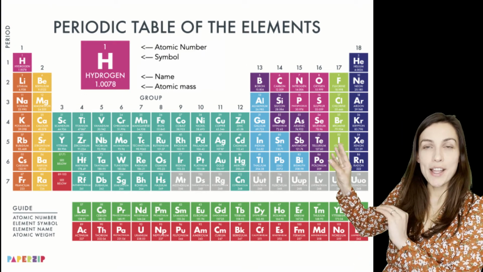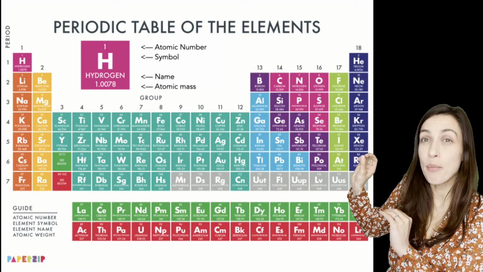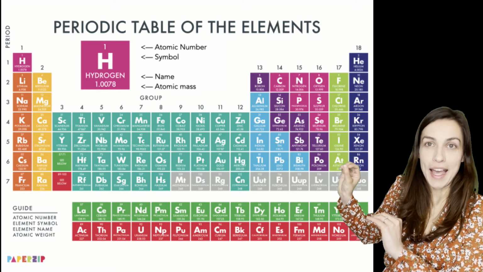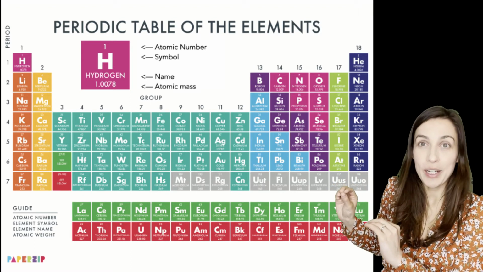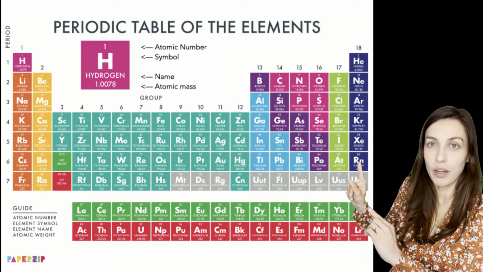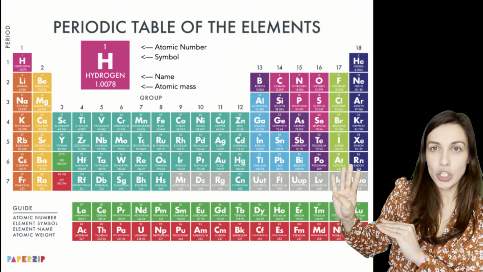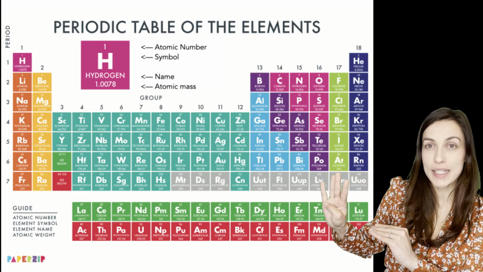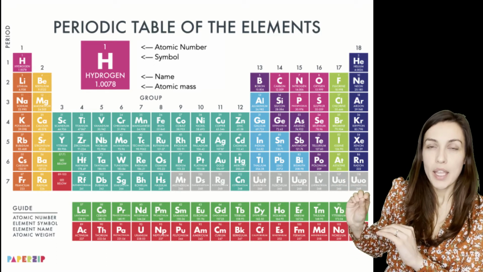Here is an enlarged view of the smallest atom, and that is the hydrogen atom. Hydrogen atoms are really tiny, and what I want to point out here is that there are 4 pieces of information in each of the boxes that represents an element that you need to be aware of.